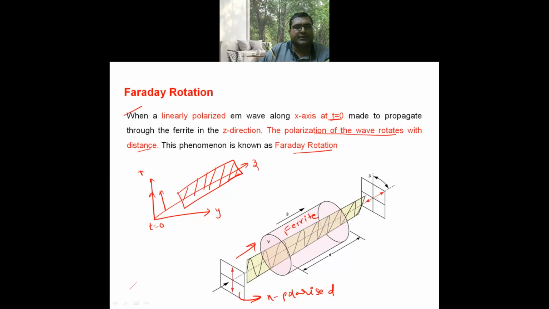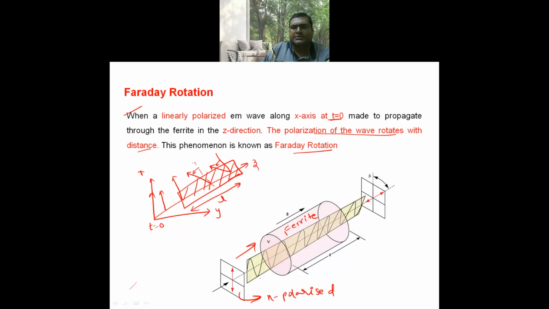When this EM wave is made to propagate through the ferrite rod, after traveling some distance, the polarization of the wave gets rotated either in the clockwise or anti-clockwise direction based on the material. Here we assume the polarization gets rotated in the anti-clockwise direction, and the amount of rotation depends on the length of the ferrite material.